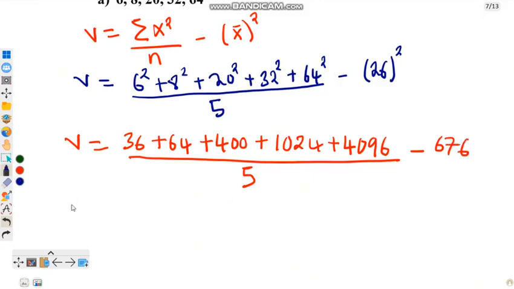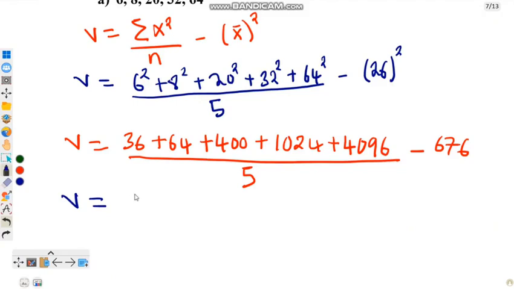So from here we are going to say variance is equal to, let's just add the numerators. We have 36 plus 64 plus 400 plus 1024 plus 4096. So we get 5620.